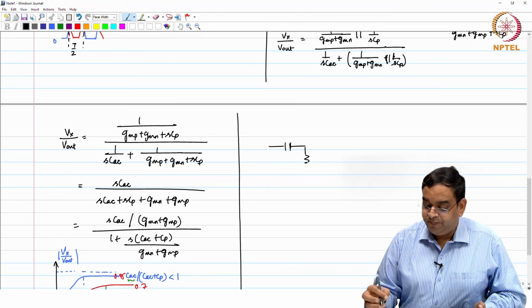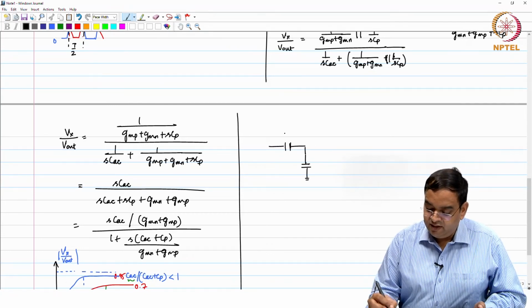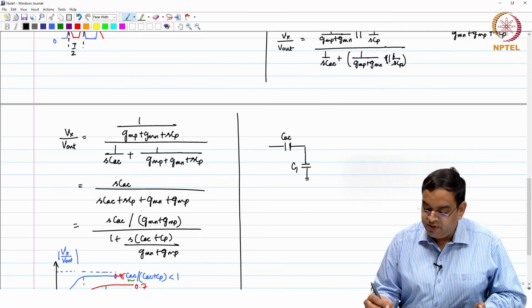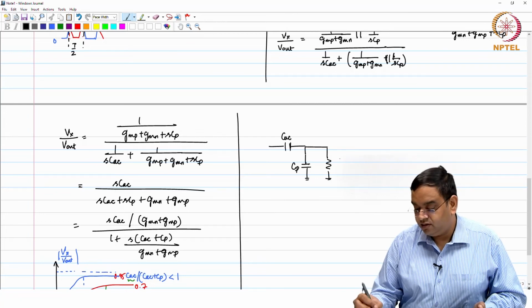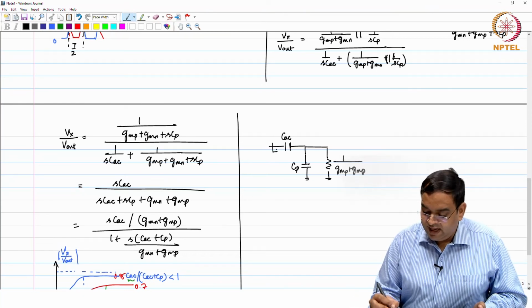And what is that? It is your CAC with CP in parallel with your impedance, 1 over GMP plus GMN. This acts as a load for the oscillator.